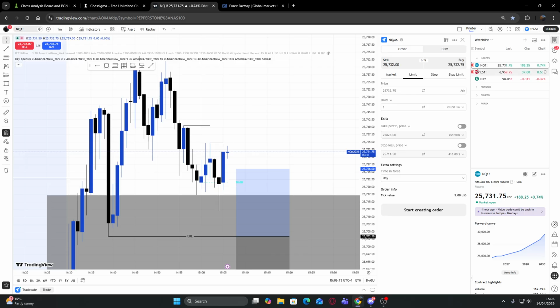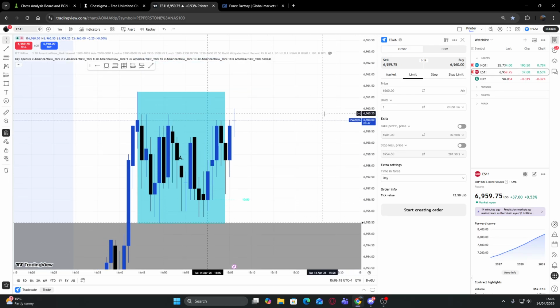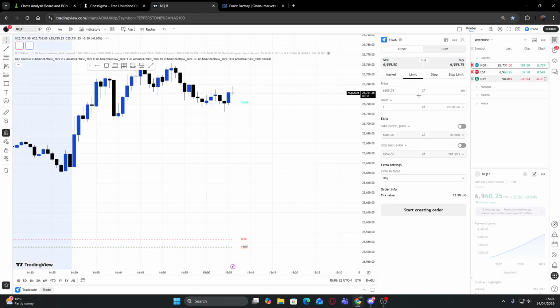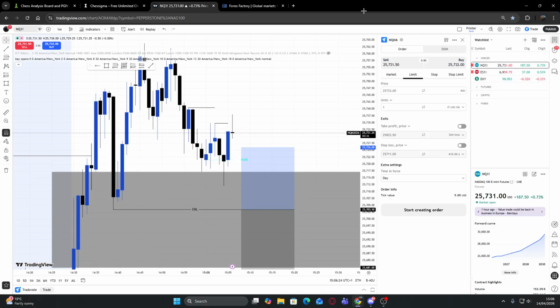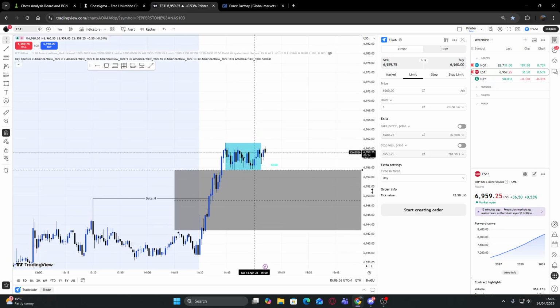I'll try the long here if we get a change in the state. Okay, we wick the most frequent high, which tells me we're still accumulating.